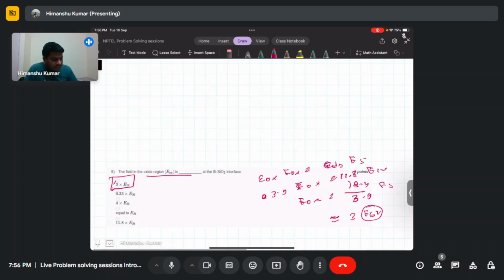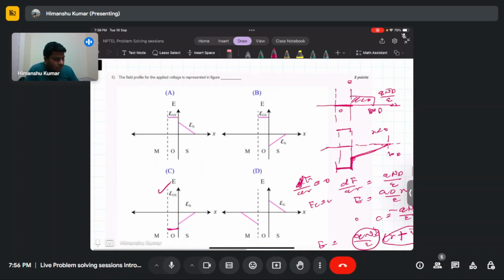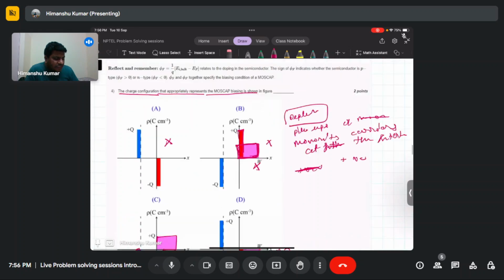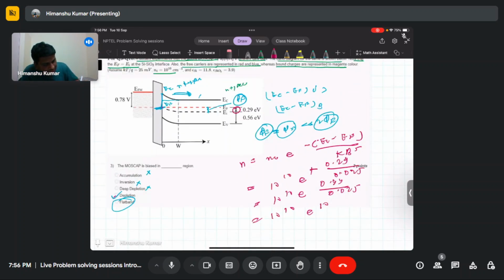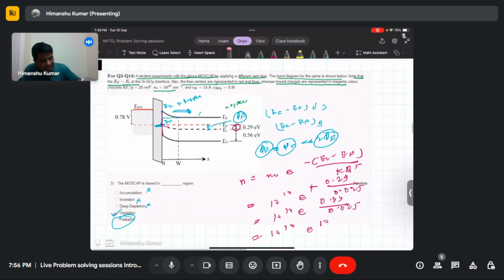And they asked about the electron concentration at the interface. See, EF is considered at the EI level. So at the interface, the semiconductor has actually become intrinsic. Because the semiconductor has become intrinsic, the carrier concentration will be equal to the intrinsic carrier concentration.